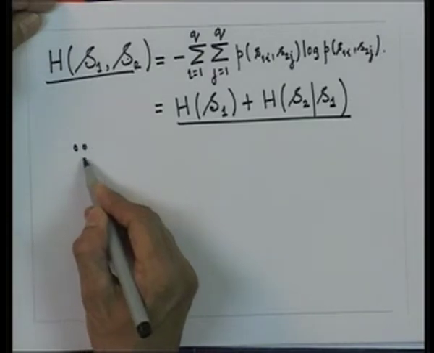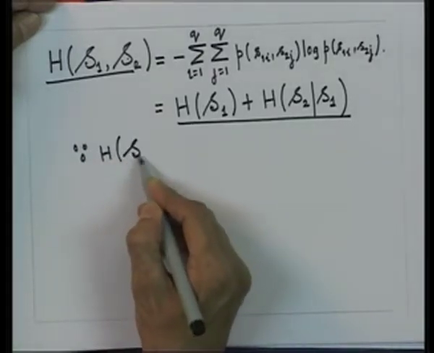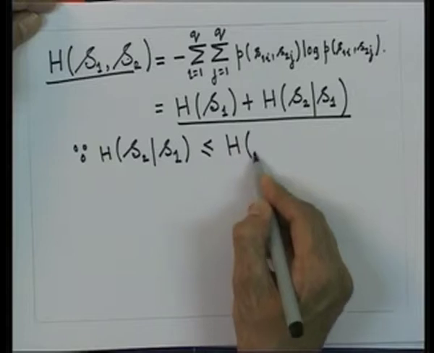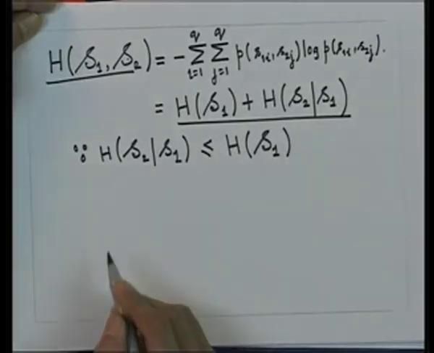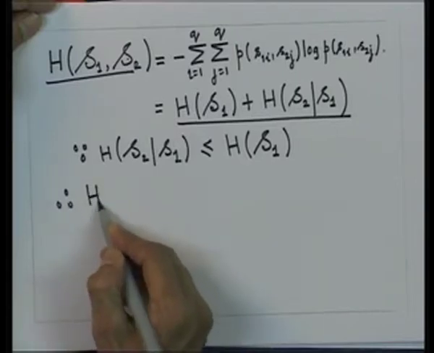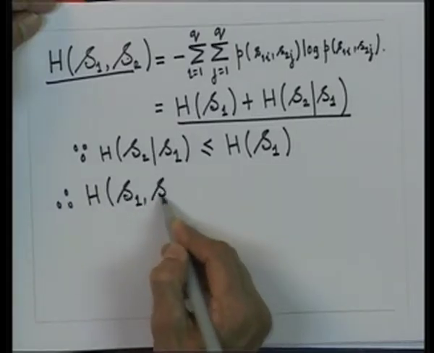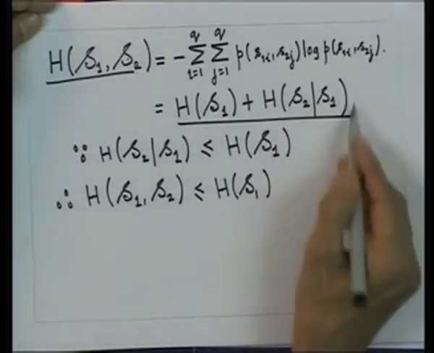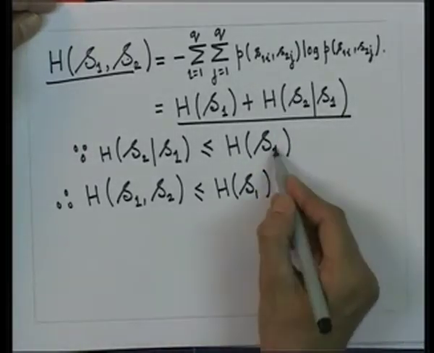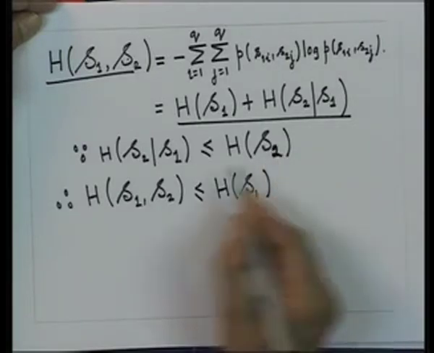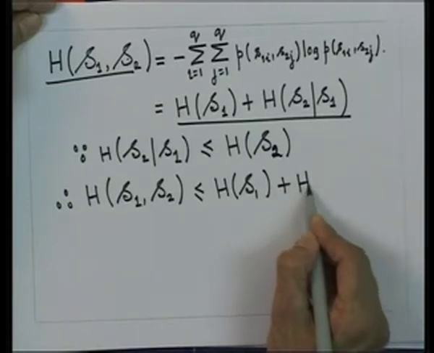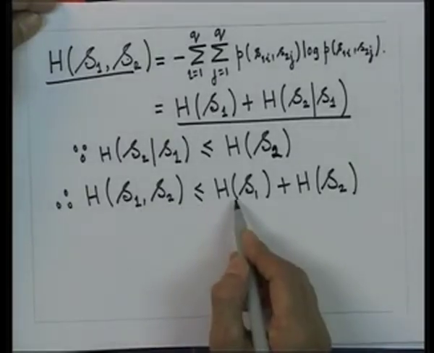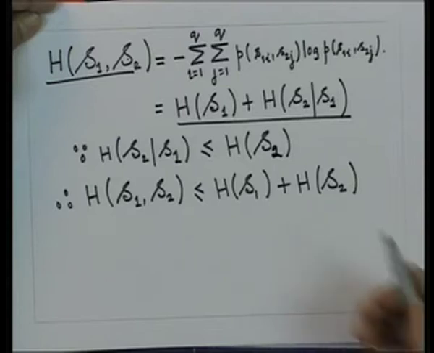Now, we have also seen that because H of S2 given S1 is always less than or equal to H of S2, therefore, H of S1 S2 is always less than or equal to H of S1 plus H of S2, which we have derived.